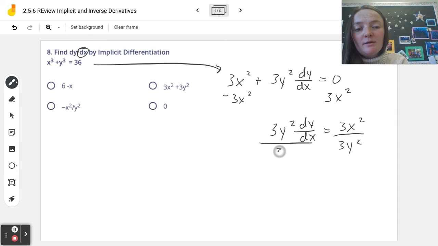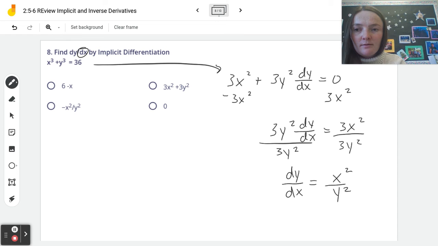You guys have probably seen this problem a lot. It's probably pretty familiar. And dy/dx is going to be equal to negative x squared over y squared. Did I miss a negative somewhere? Yep, there we go. Which is this answer right here.